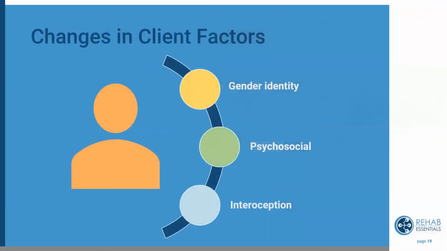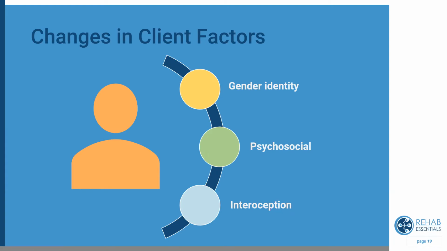Now, in terms of client factors, gender and identity was added as a client factor. You will find it under experience of self and time. Psychosocial was also expanded, and it is now in general mental functions.